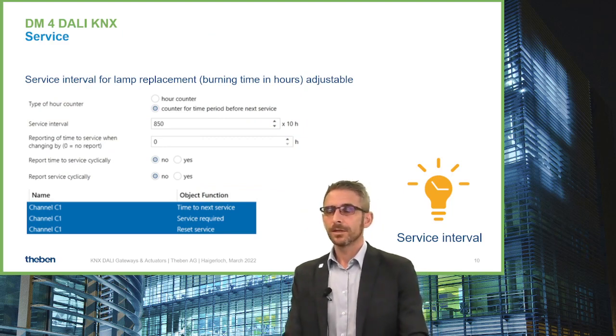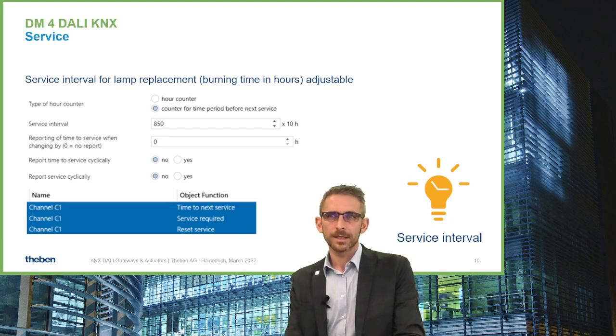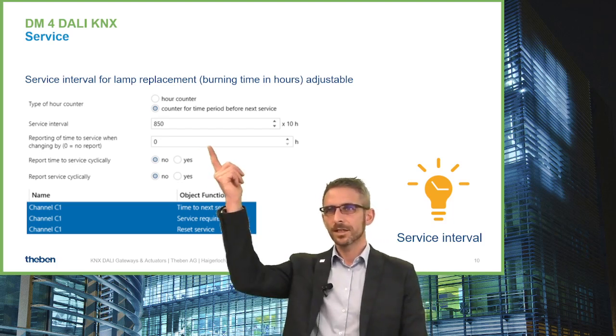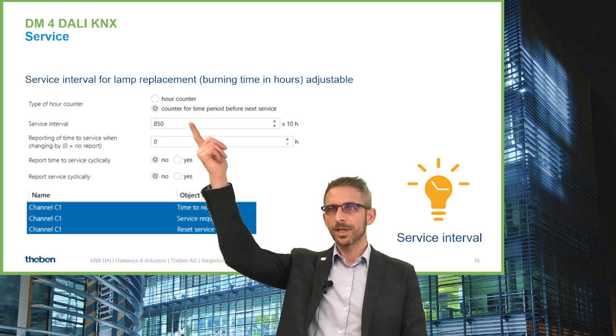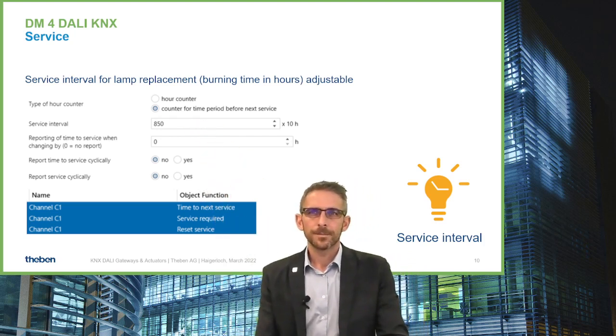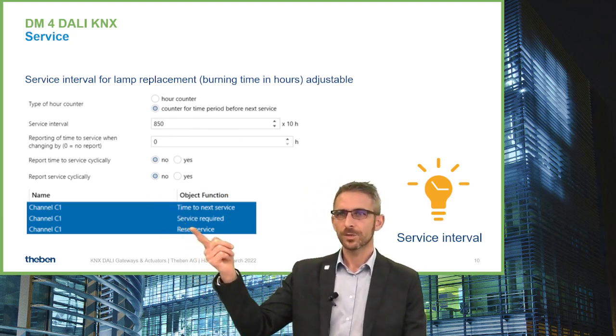Additionally to the color control, we also have the possibility to activate on each channel a function which is called a counter, or we can select a counter for a service interval. So in this example, we have said that we would like to have a counter to activate a communication object, which is this object, service required.